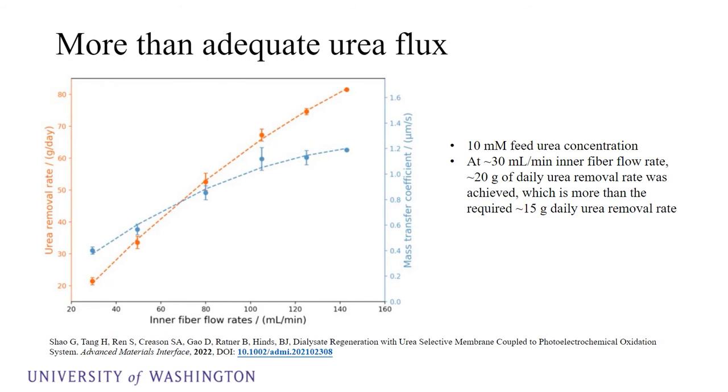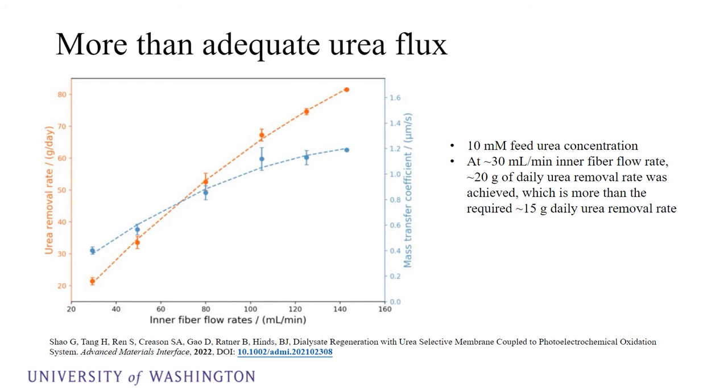The other question is whether this membrane can provide adequate urea flux to make it operable as a portable dialysis device. On the left axis, we have the urea removal rate with units of grams per day.